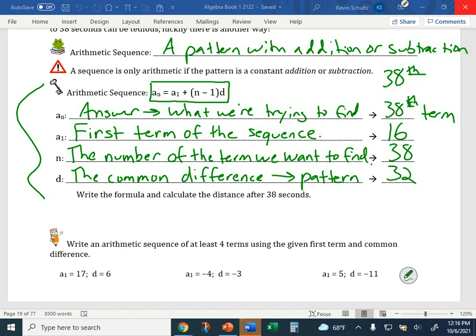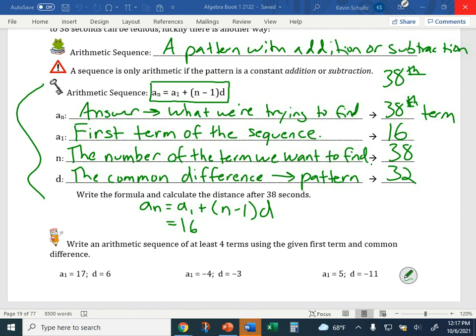Okay? So I'm going to write this formula down here. And then plug in the values that we just identified. AN is the answer, so we don't have anything to put there yet. It's going to be 1200. We already know this, right? We already solved it. But the A1, the first term, is 16. You can always tell what the first term is because it's what you start with. Okay? It's your starting point.